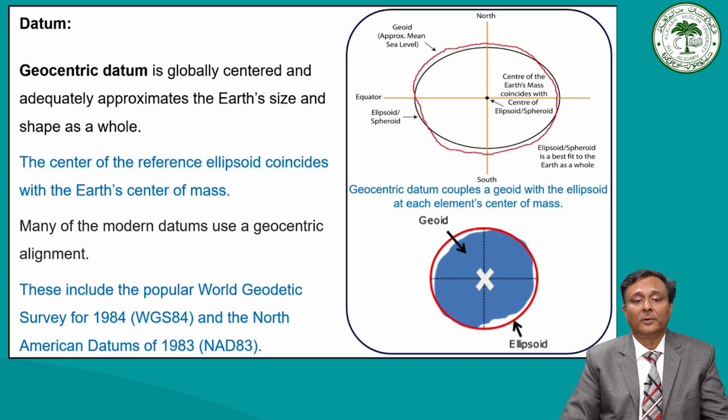These include the popular world WGS 1984 or even the NAD 83, which is for North America. So geocentric datum couples a geoid with the ellipsoid at each element's center of mass, as it is being represented in this particular diagram.